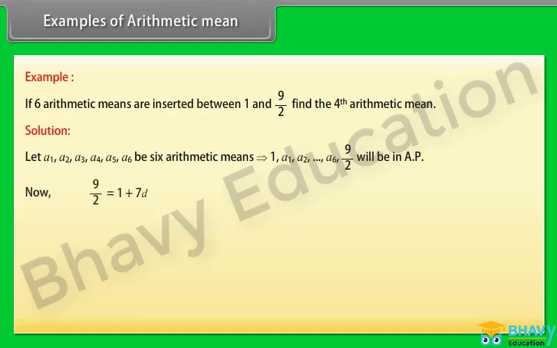Now 9 by 2 is equal to 1 plus 7d. It implies 7 by 2 is equal to 7d. It implies d is equal to 1 by 2. Hence, A4 is equal to 1 plus 4 into 1 by 2, which is 3.